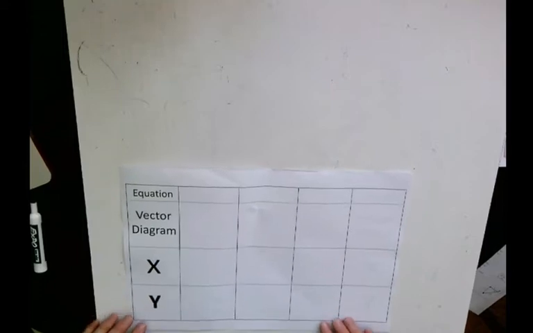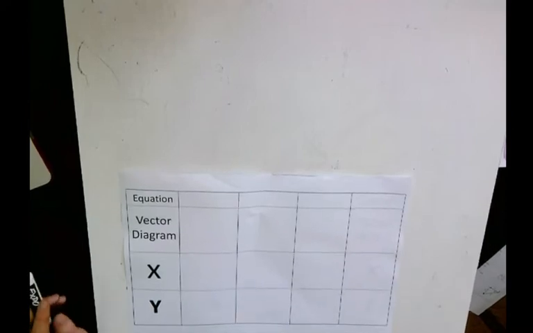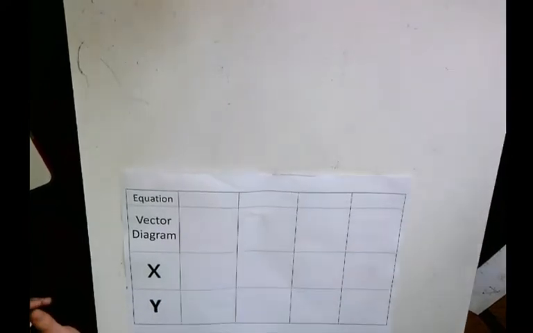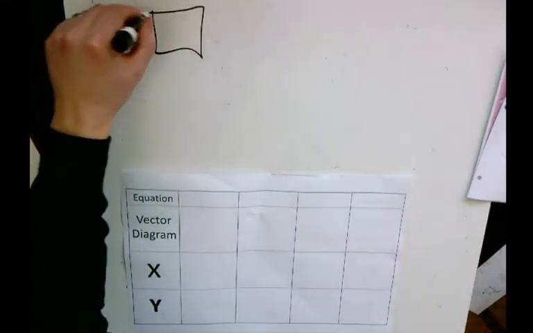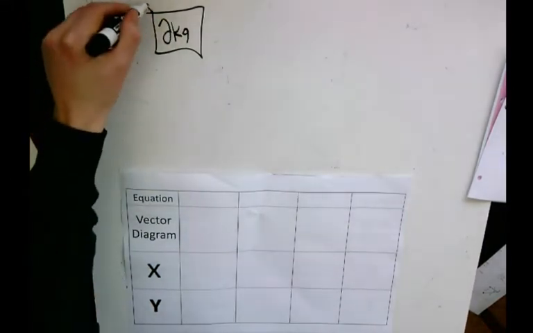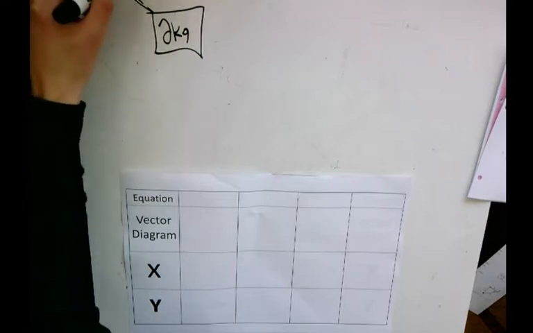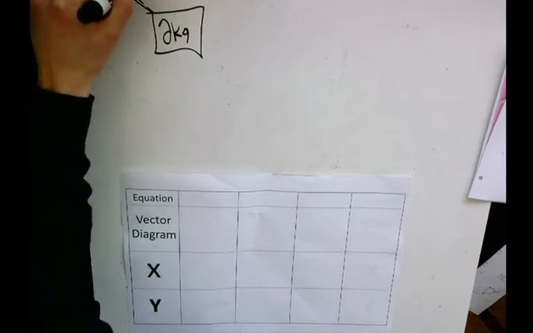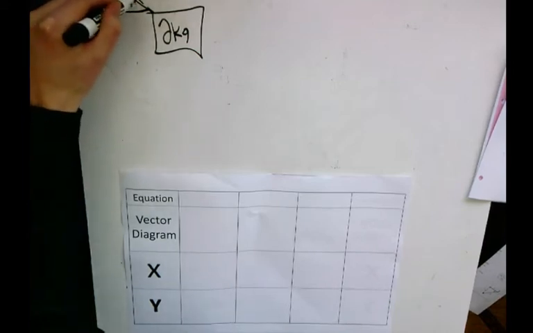Okay, there's my nice table to keep everything organized. So we are starting with a 2 kilogram box and 3 external forces. The mass, we have this first force, which is 150 newtons, and it's going at 25 degrees.